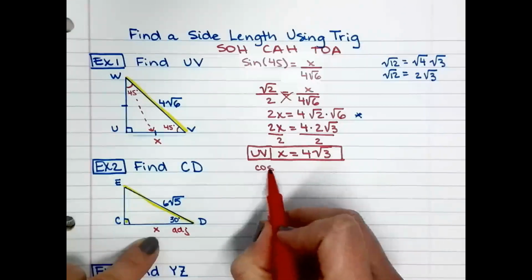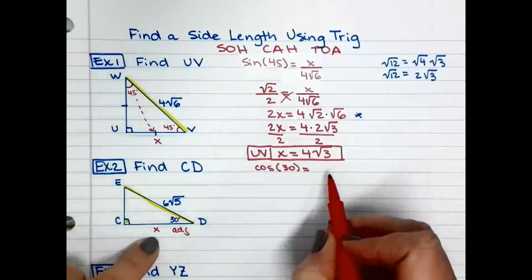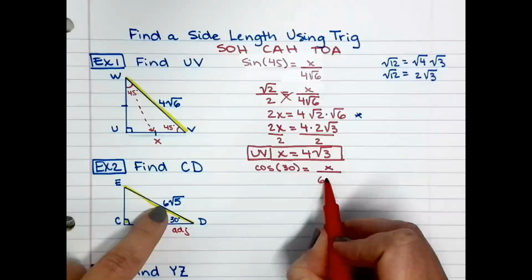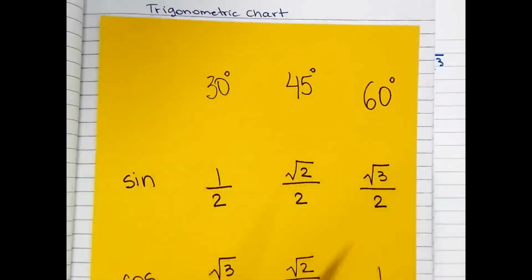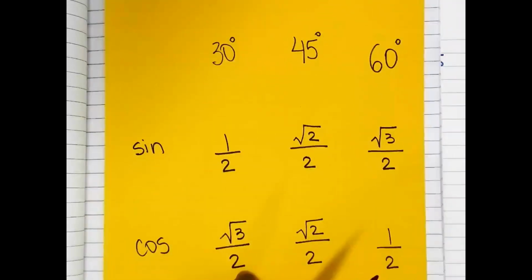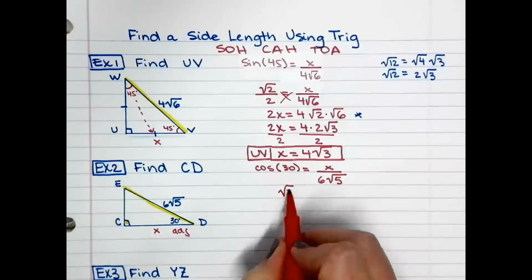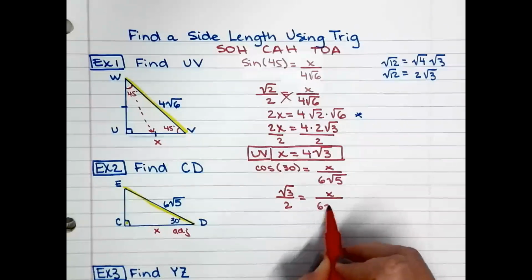So cosine of 30 degrees equals adjacent over hypotenuse. And from our trig chart, cosine of 30 is square root of 3 over 2. So square root of 3 over 2 equals x over 6 square root of 5.